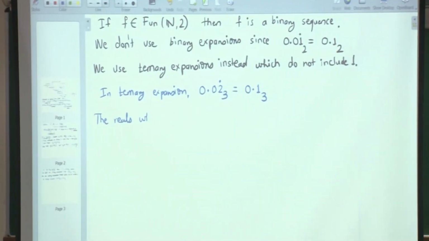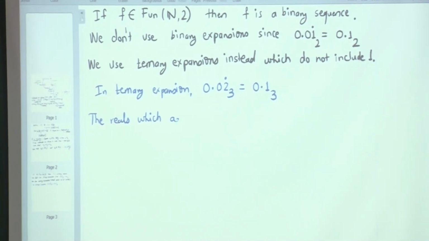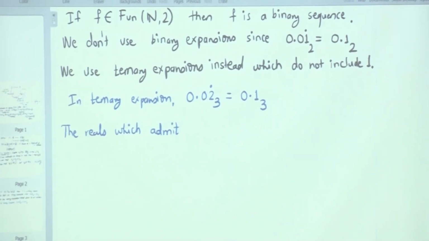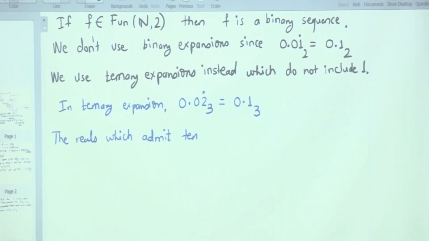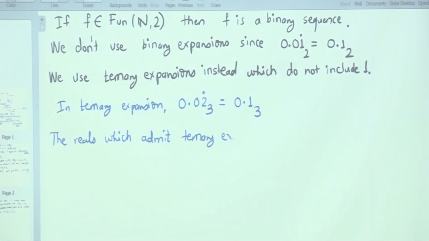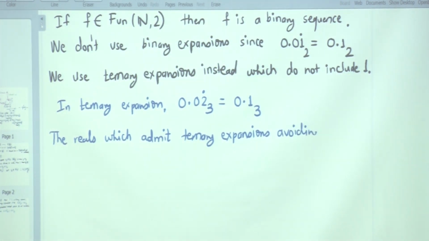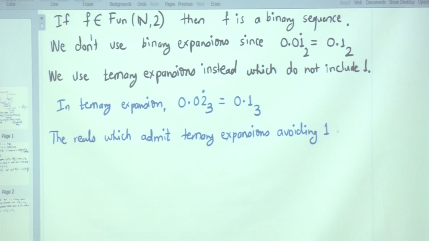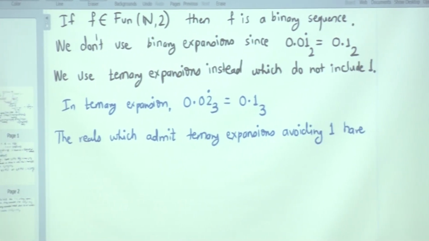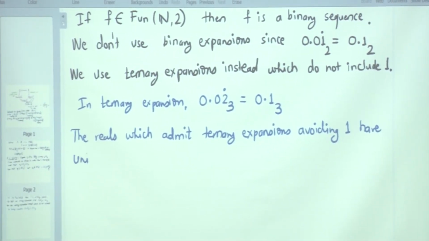Okay, so the real numbers which admit ternary expansions avoiding 1 have a unique such expansion.